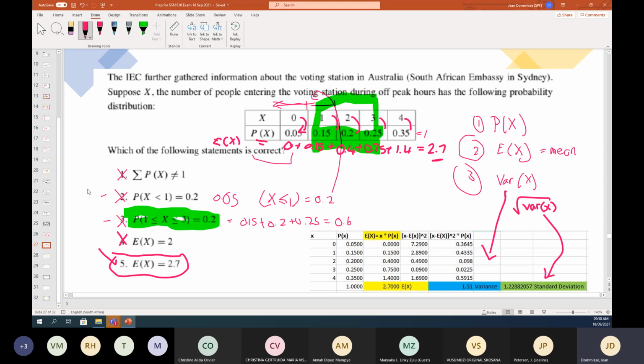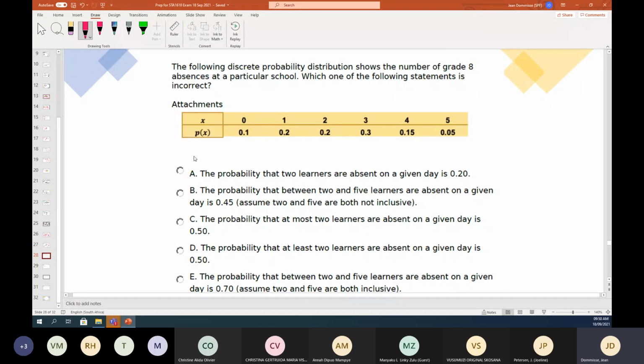So when you are in the exam, you can see which sheet to go to to answer your exam questions. Okay, so that's one of the discrete, but they can also ask it in words, which again you will see. They could have said, let's rather say, what's the probability that 2 learners are absent?